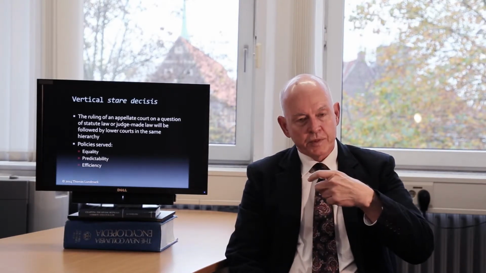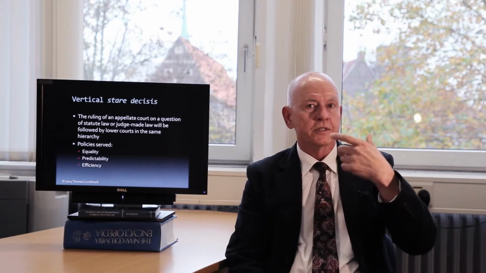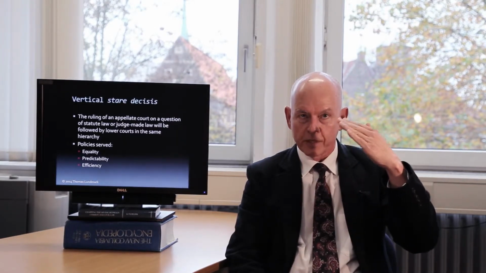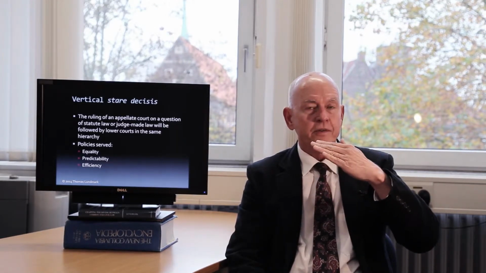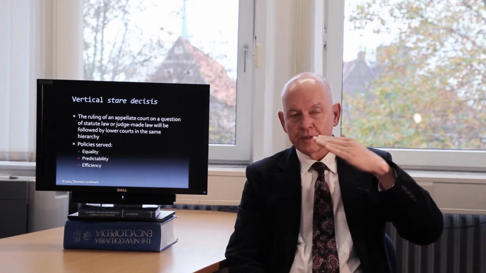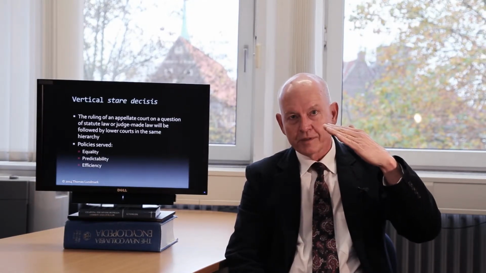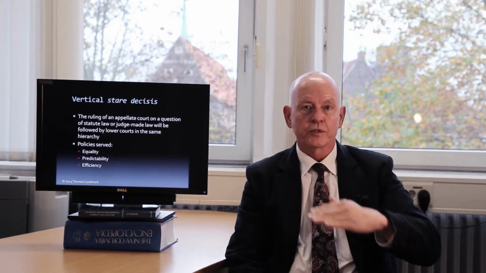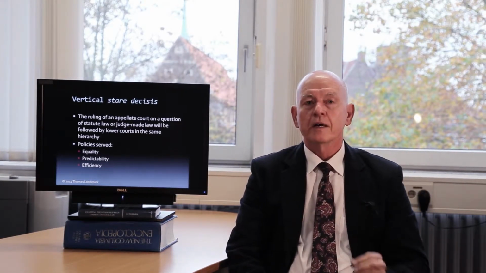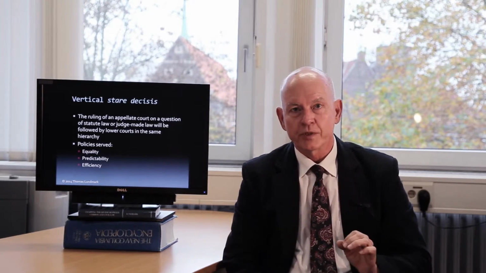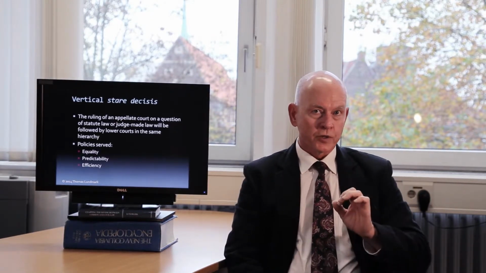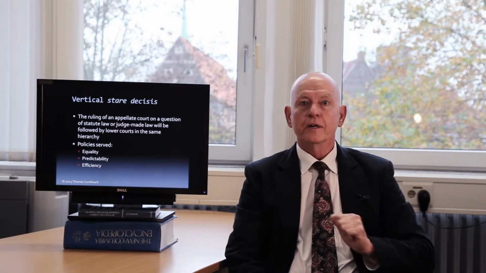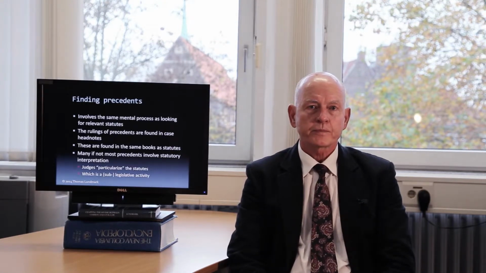So if the trial courts do not follow the decisions of the higher courts, the appellate courts, there'll be a lot of inefficiency. There'll be more work for the appellate court judges and more work for the trial judges when the cases are returned. These then are the three main justifications for the vertical doctrine of stare decisis.